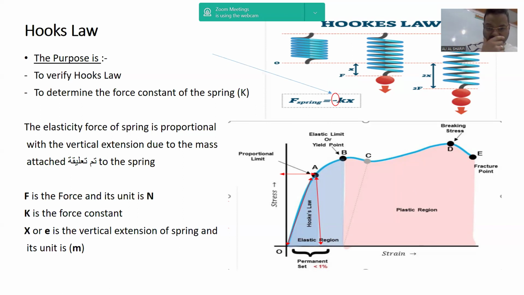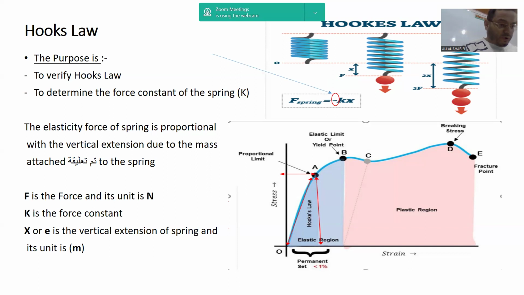The first region, or state, is the elastic region, which is OA. This region acts like any spring, okay?